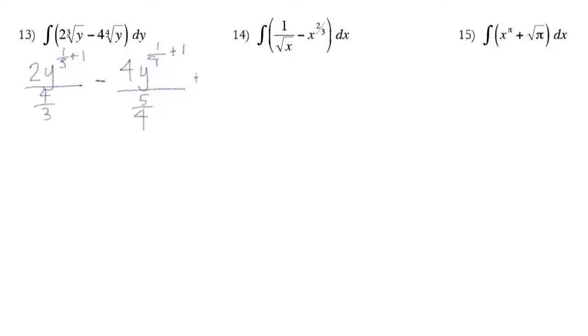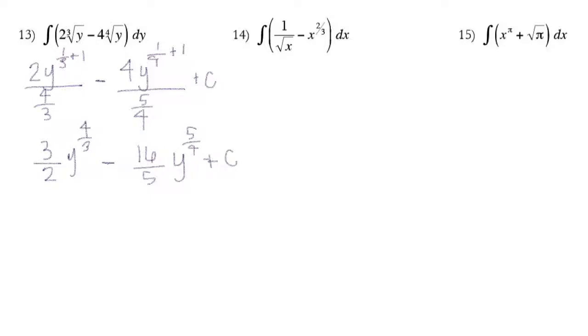And then, of course, plus c. And then as we continue this, if we need to flip and multiply, so 3 times 2, 6/4, which is 3/2, y to the 4/3. And this you're welcome to leave, minus, and then if we flip here, that's 16/5 y to the 5/4, and then plus c.